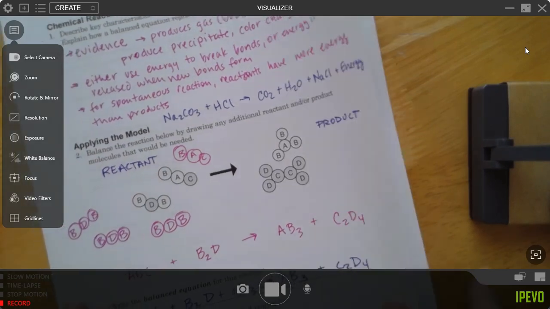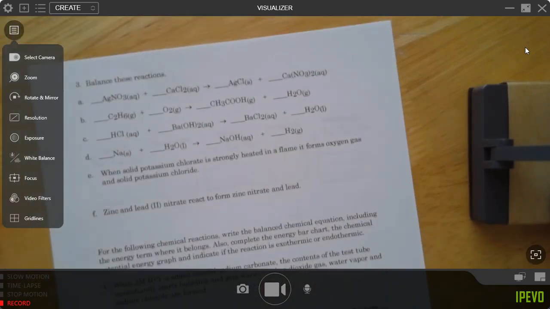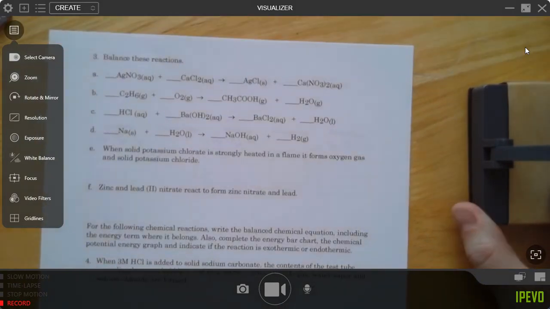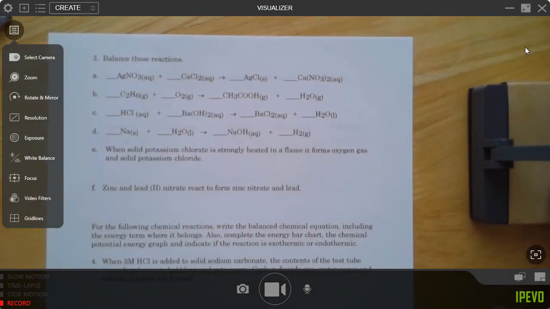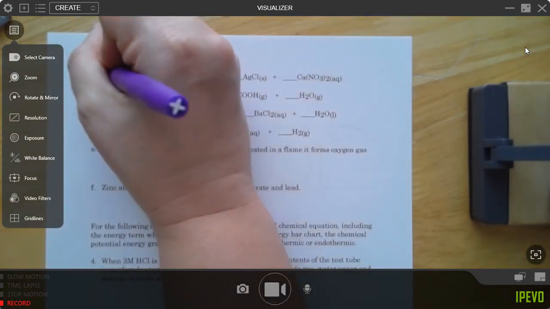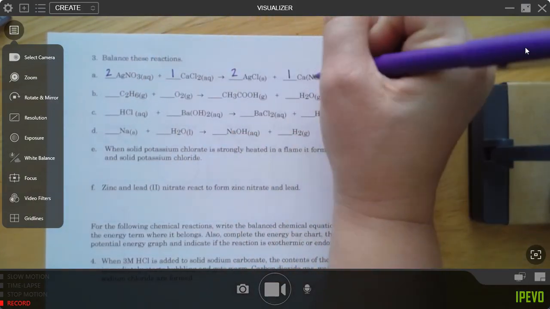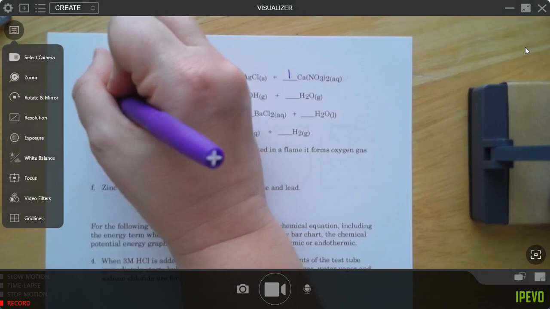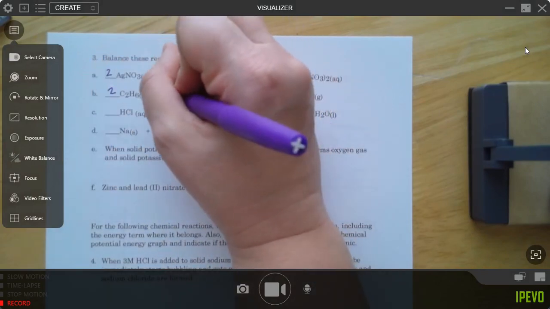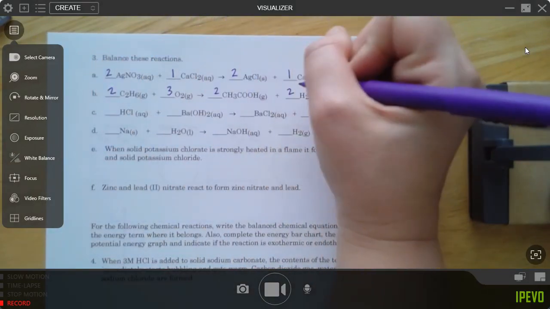All right. For page number 2, I'm going to do this part a little bit quick, so you guys can stop me if you have questions. For 3A, if you balance these, it should be 2, 1, 2, 1. For B, 2, 3, 2, 2.